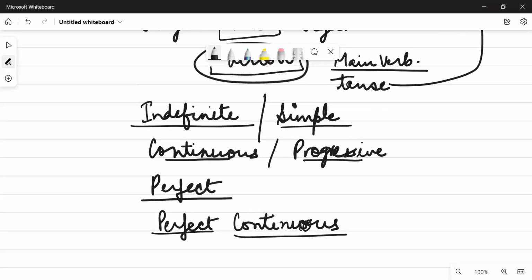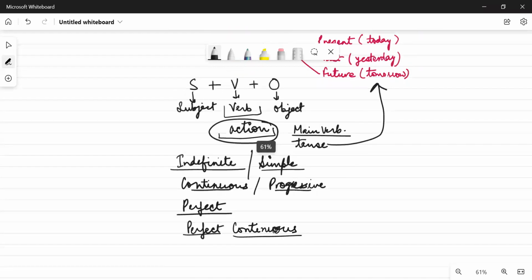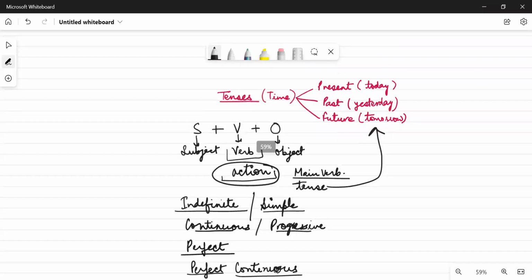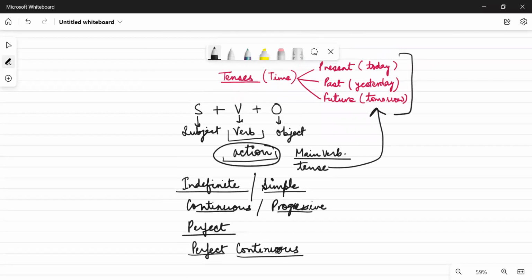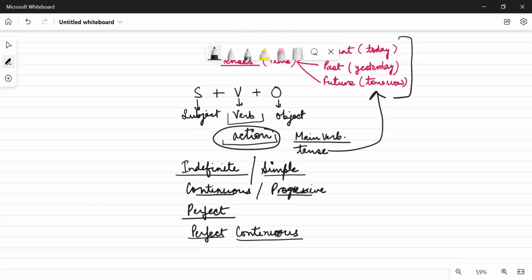Now in this reference you will be able to understand that when we have these three types of tenses, present, past, and future, in reference to the time, and these other four types of tenses in reference to the action, in total they make 12 tenses. Like for present we have simple present, present continuous, present perfect, and present perfect continuous, and the same we have for past and future too.